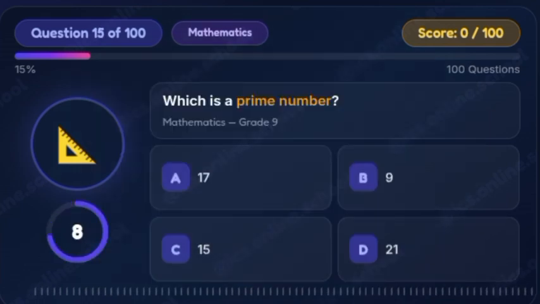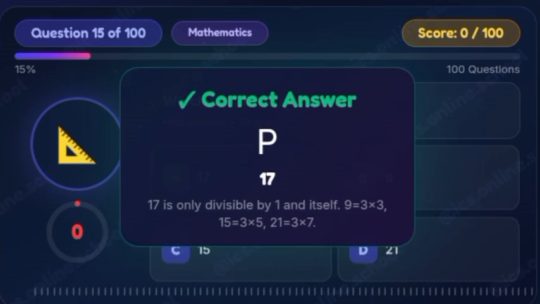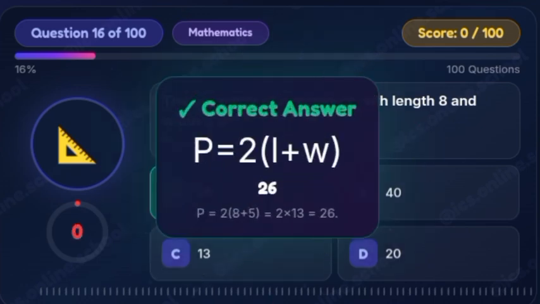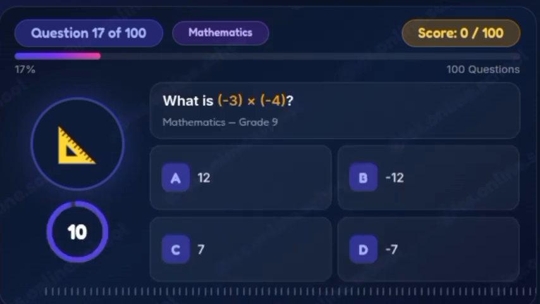Which is a prime number from the given options? 17. What's the perimeter of a rectangle with length 8 and width 5? Is equal to 26. What is negative 3 times negative 4? What will be the value? 12.